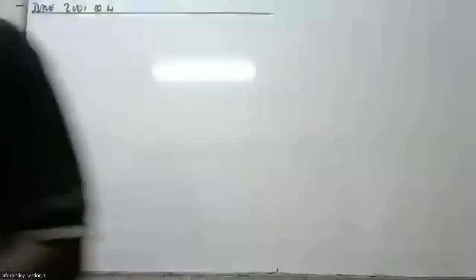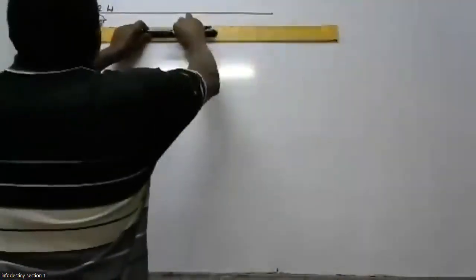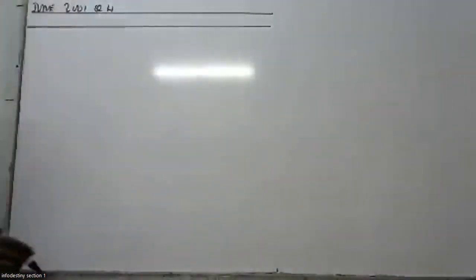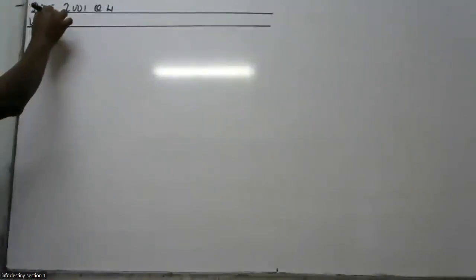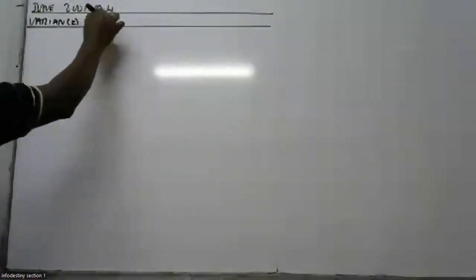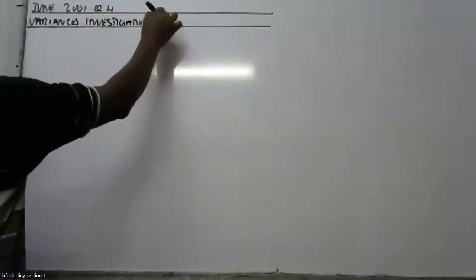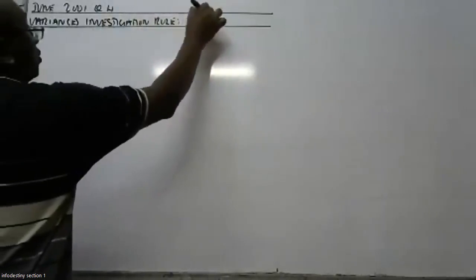Okay, so that one we are going to have what we call the variance investigation rule, and this rule is plus or minus 2 standard deviations.